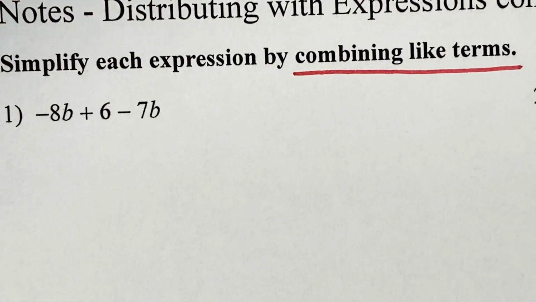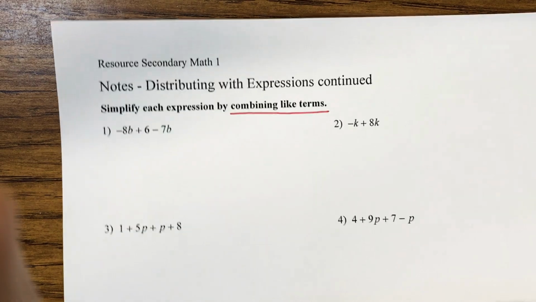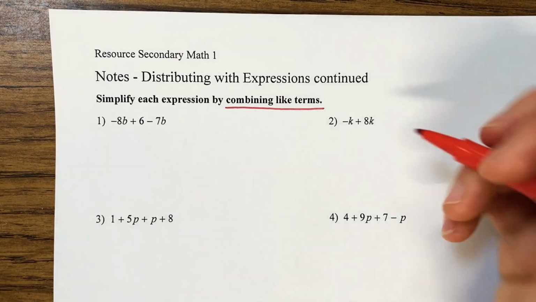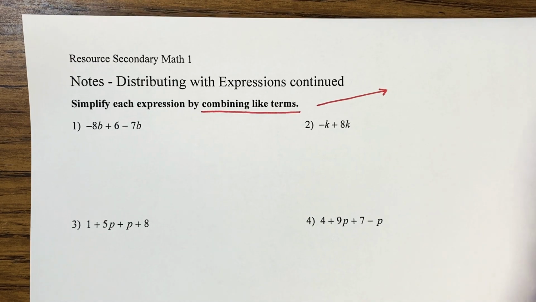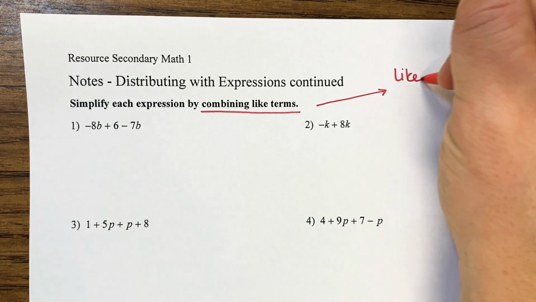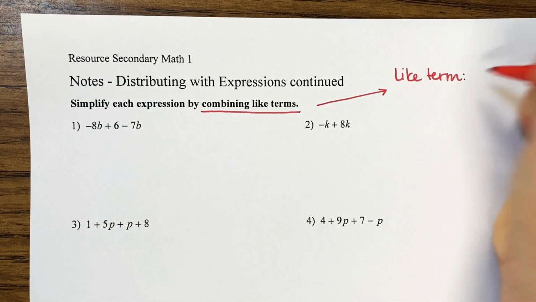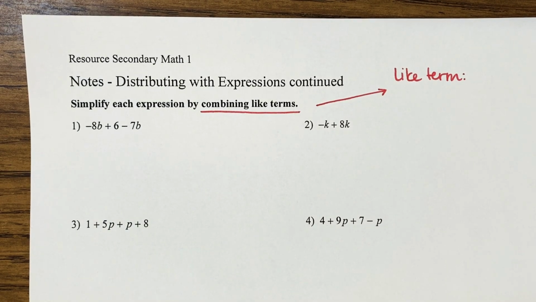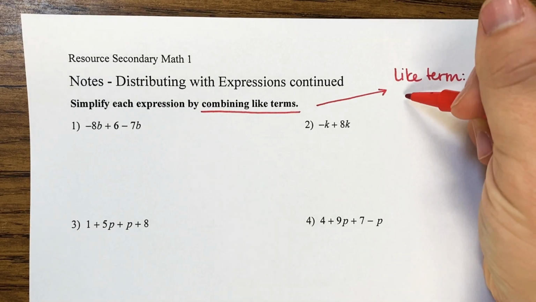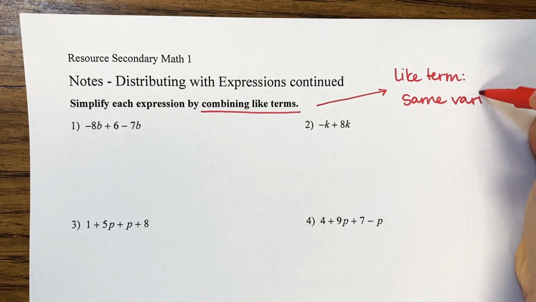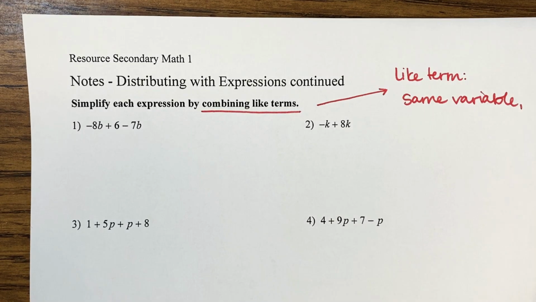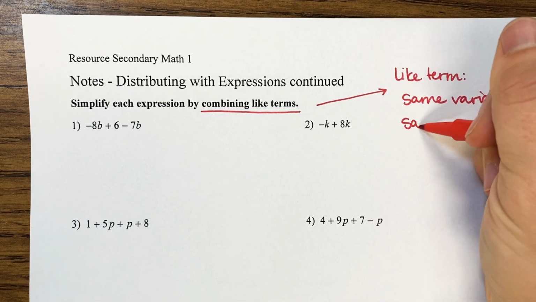Let me zoom back out. Let's go ahead and define what a like term is. Write this down if you have your notes printed, which is awesome if you do. A like term has to have the same variable, and that variable has to be to the same power.